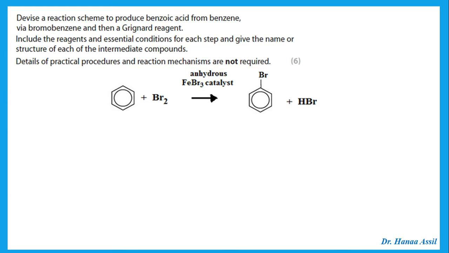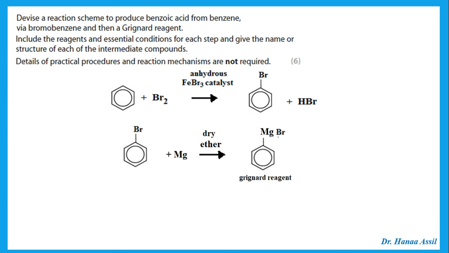This gives me the bromobenzene. And then the question says use Grignard, so I'm going to react that with magnesium in dry ether. This gives me the Grignard, and then to get benzoic acid, that's benzene with COOH on it, I react that with carbon dioxide to get my required product.